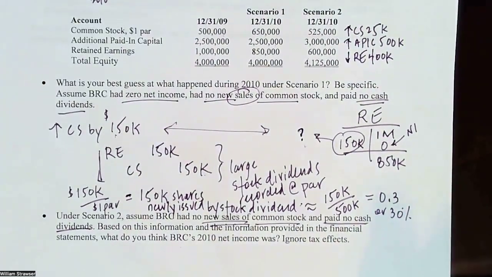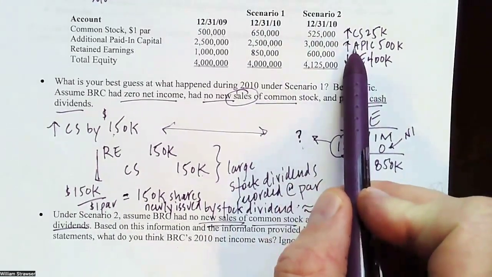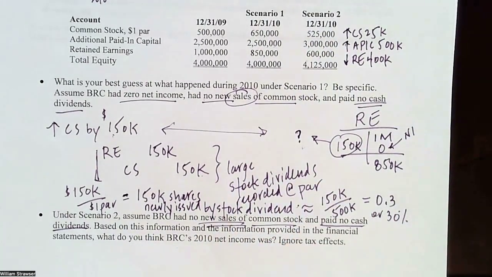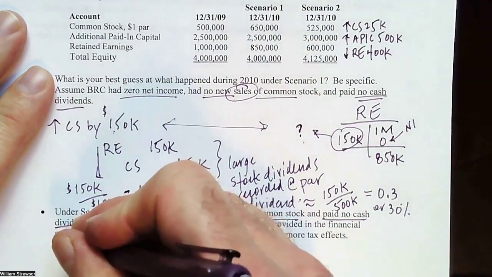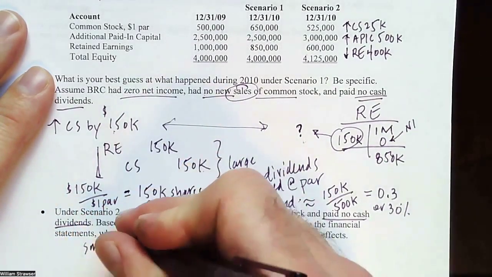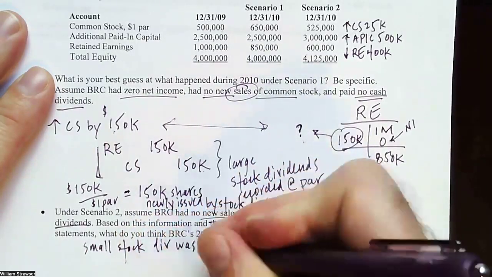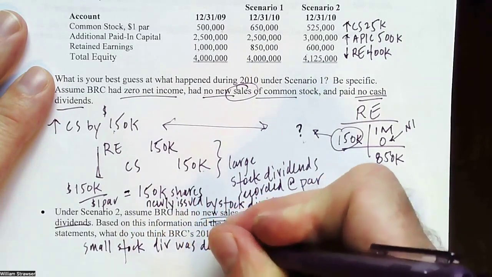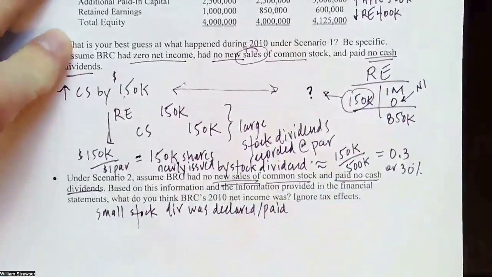Okay. So if we didn't have any newly issued stock, but these two accounts moved, common stock and APIC, then that follows the same entry template that we know is true for a small stock dividend. So in scenario two, we know that a small stock dividend must have occurred. So we had one declared and paid. The shares had been issued.